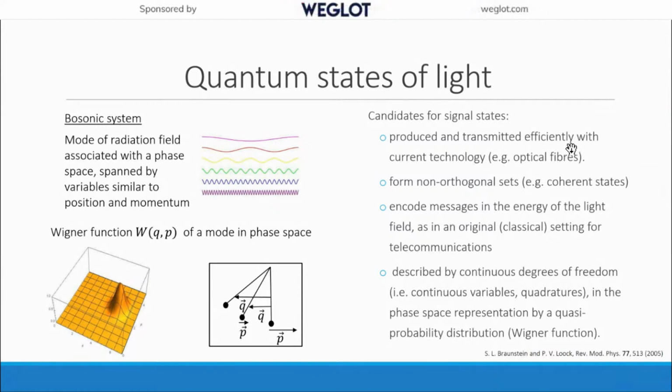They can be used really easily by the current technology, optical fibers and so on. They form non-orthogonal sets, which is the key element in order to do QKD. And they can be described by continuous degrees of freedom.